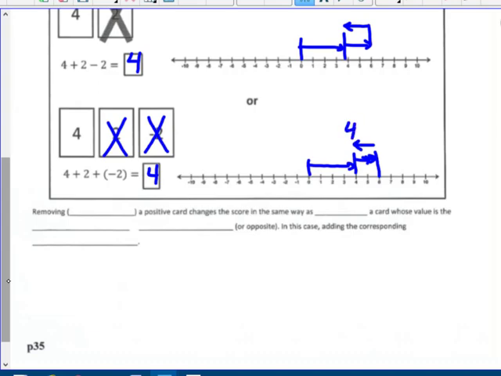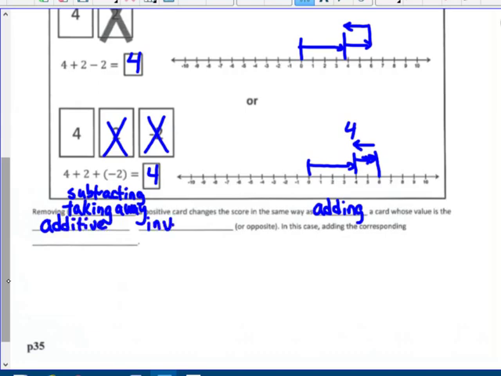So removing, we call it subtraction, subtracting, or you could call it taking away, a positive card changes the score the same way as adding a card whose value is the additive inverse.